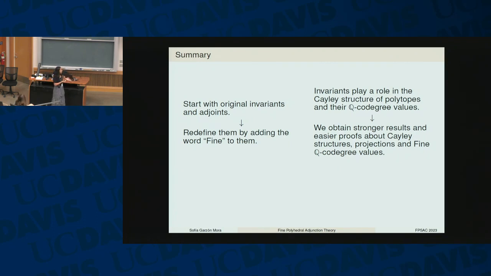And maybe I can mention also here that projections didn't work very nicely before, but I can expand about that in the questions, so maybe a little hint. And so we obtained stronger results and easier proofs about Cayley polytopes, Cayley decompositions, also projections, and fine Q-codegree values. So maybe let me just mention what my advisor likes to say. He says, the fine theory is nicer than the old theory. So we should all look at it.